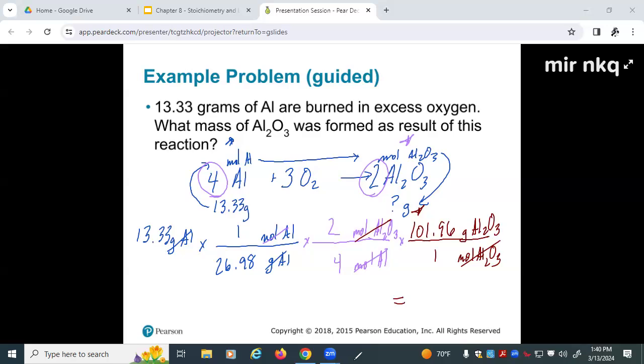I'm starting with 4. Every calculation has at least 4 in it, if not more. The only one that doesn't is the mole ratio, but that's an exact conversion.